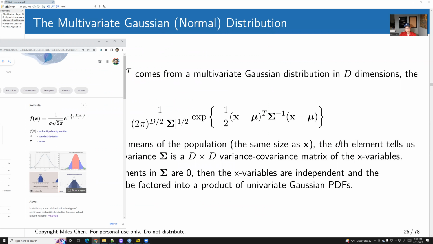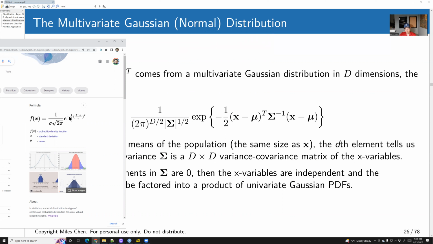I've got a square root of 2 pi, and we have 2 pi raised to the 1/2, but in the multivariate case we're raising it to the d times 1/2. Here I have the standard deviation, or the square root of the variance, and here I have the determinant of the variance raised to the 1/2, so kind of like the square root, but now you're dealing with a variance matrix.